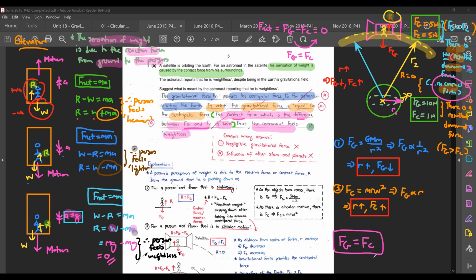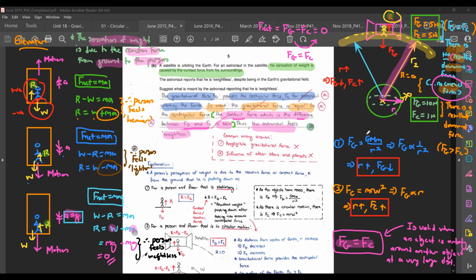If you refer back to all the questions you've done so far, the part where we tell you Fg is equals to Fc is valid when an object is orbiting around another object at a very large distance. Meaning to say it should be something like this.